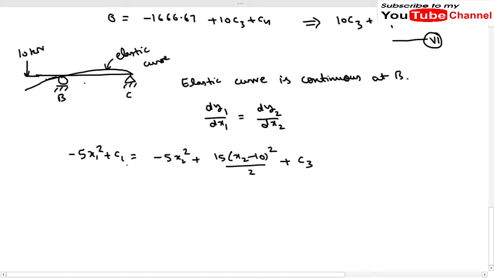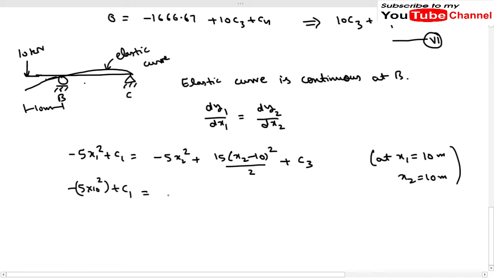Now we will solve this equation at x1 is equal to 10 meters, because B is at a distance of 10 meters from A. Okay, and we have assumed x1 and x2 from A, so that's why x2 will also be equal to 10 meters, because we are talking about the slope at B. So if we put the values, it will be minus 5 times 10 square plus c1, and here we will also get minus 5 times 10 square, and here it will be 0, because 10 will be cancelled out with 10, plus c3.